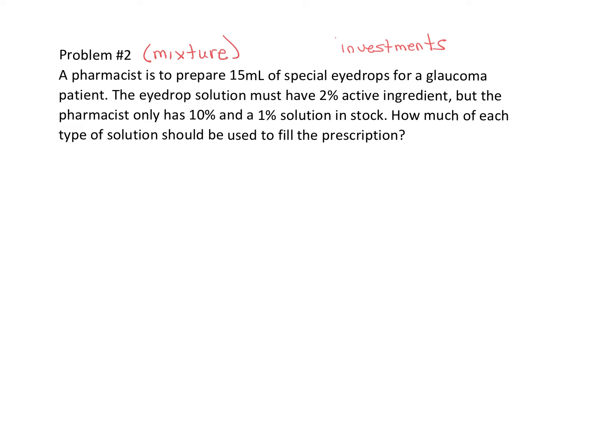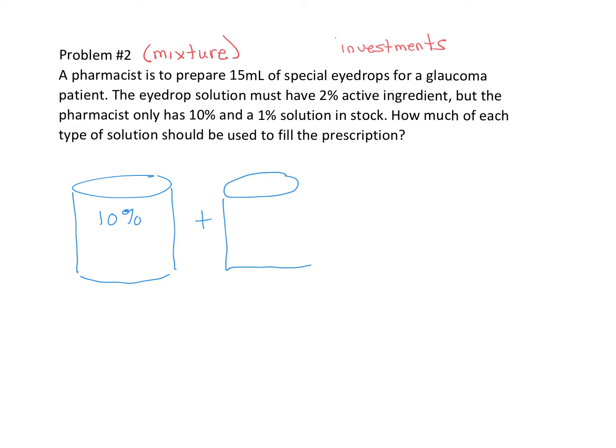So when I do a mixture problem or even an investment problem, I like to think about what I'm doing. I've got some sort of 10% solution. We don't know how much. We're going to add that to a 1% solution, and we want to get a 2% solution, and we know we want 15 milliliters of that 2% solution.